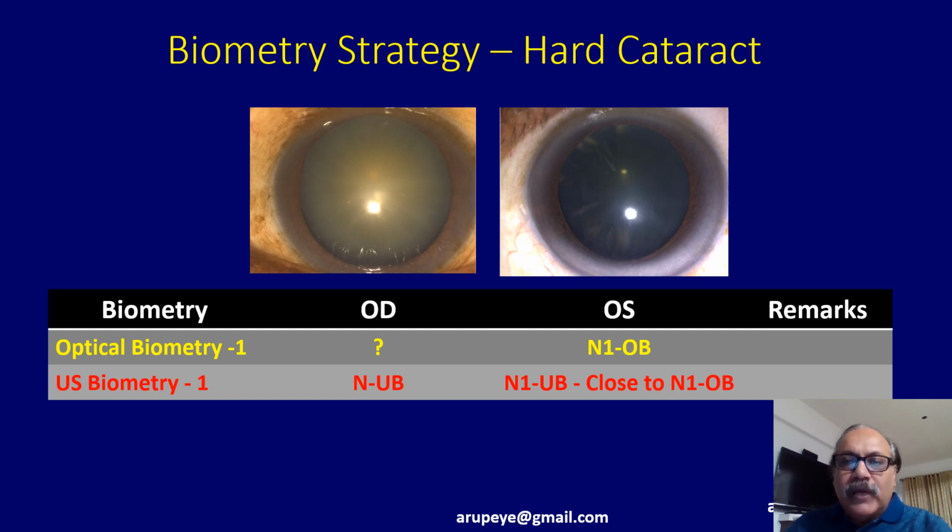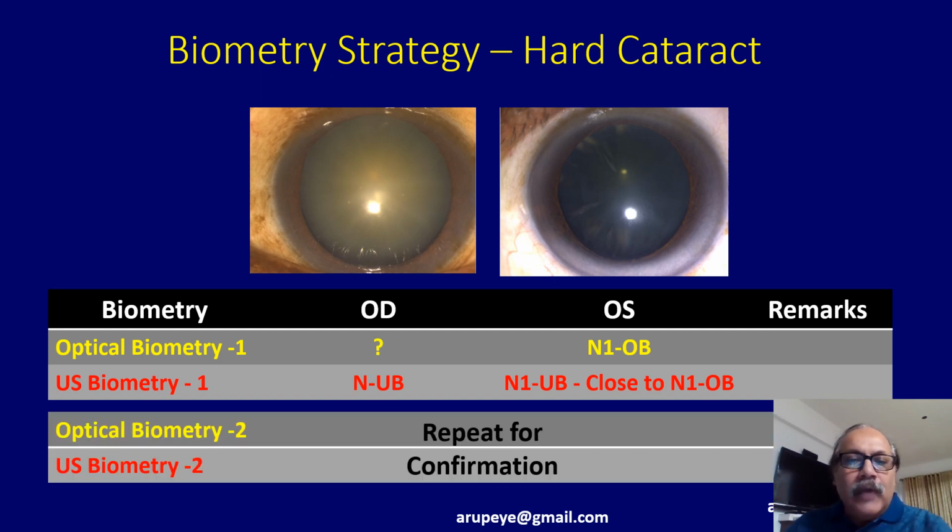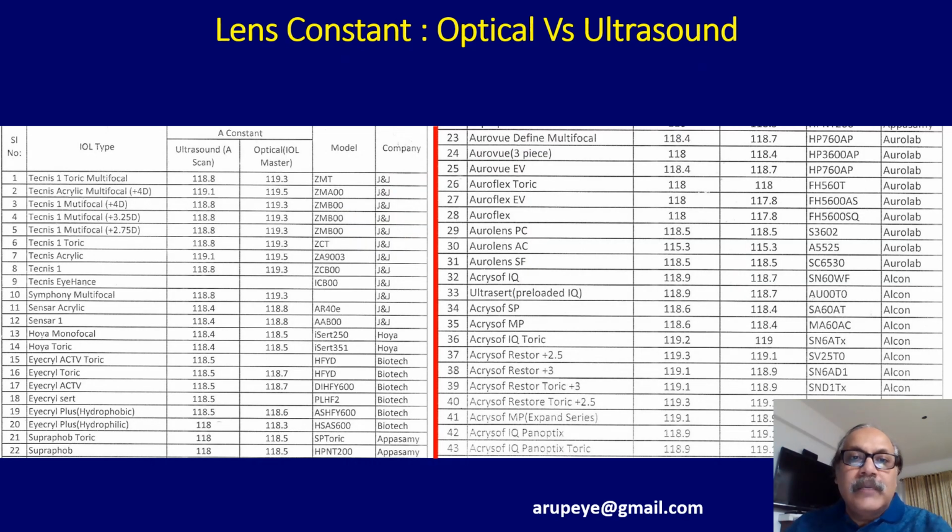Now, if these two values are different for the fellow eye, I would like to repeat the same sequence of tests for confirmation. So this definitely has helped me a lot in getting good refractive outcome for patients with hard cataract. One thing must be remembered, that if we use an ultrasonic axial length in the IOL master to calculate the intraocular lens power, we must use the ultrasound lens constant, not the optical A constant.